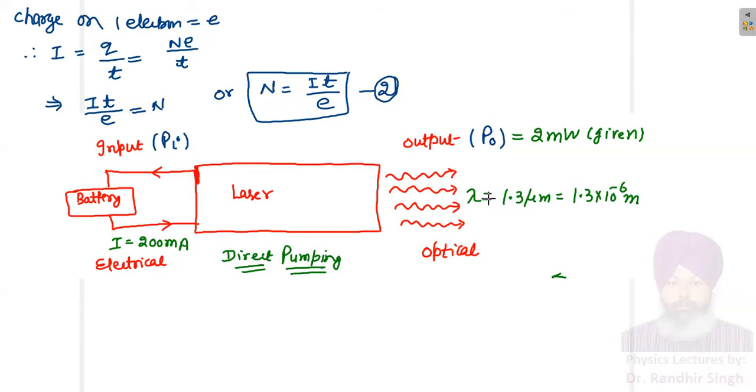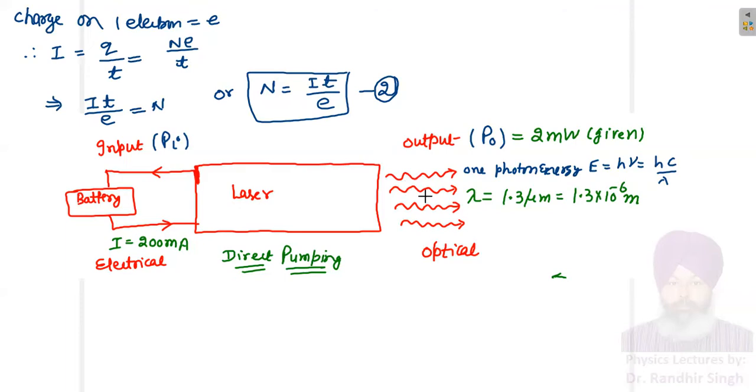Let us now find the small n value. We know that the energy of one photon is given by a very famous expression. One photon's energy is given by Planck's formula E is equal to h nu, which could be further written as hc by lambda.